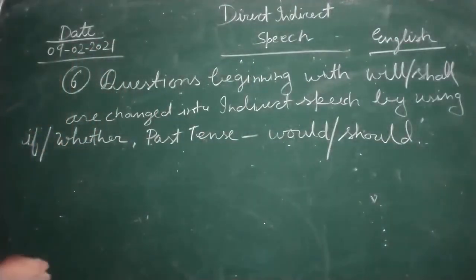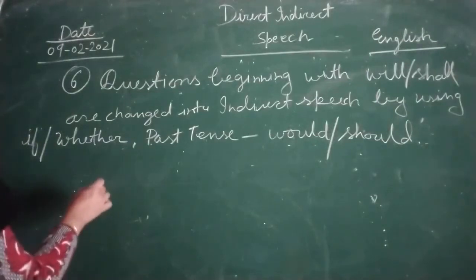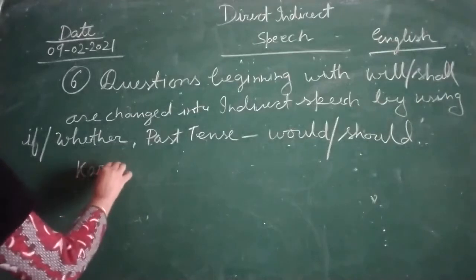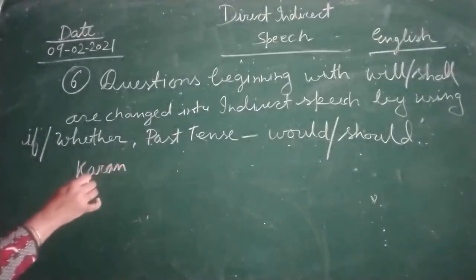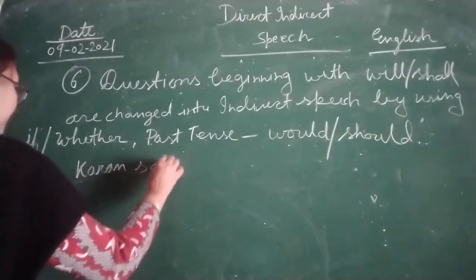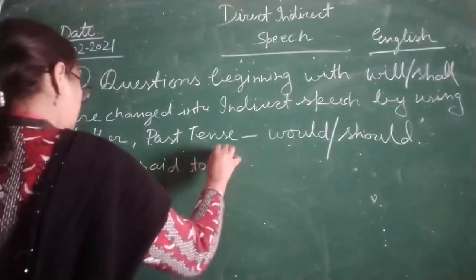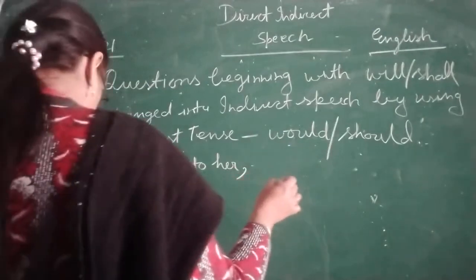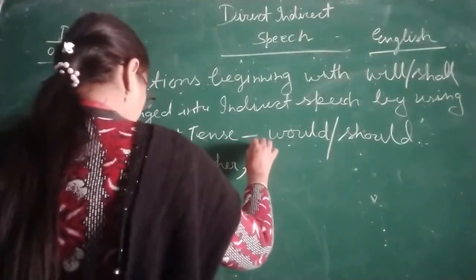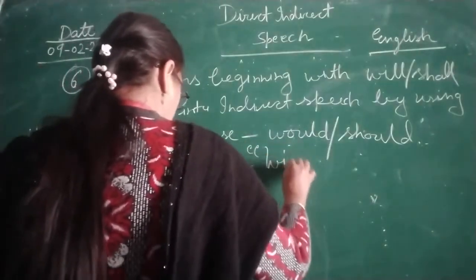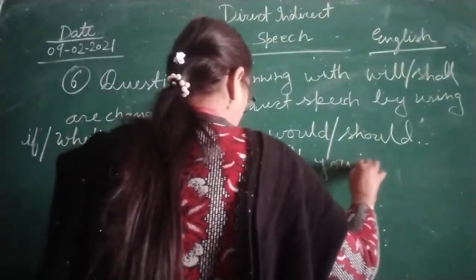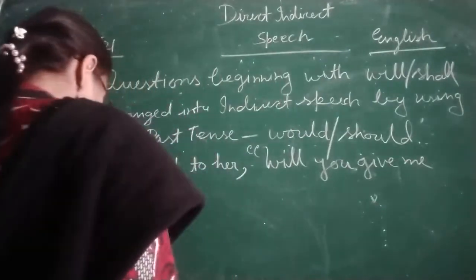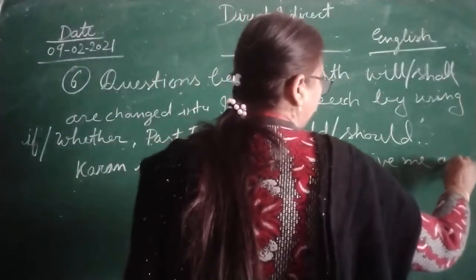Okay children, so now I'm giving you one example. Karan said to her, comma, will you give me a book?